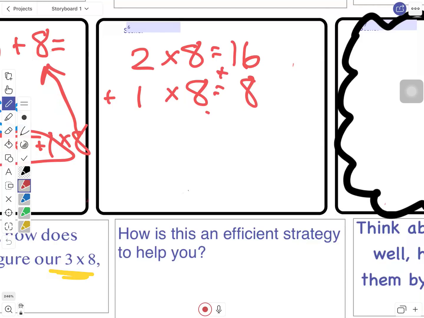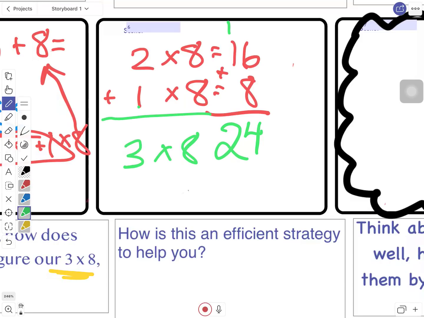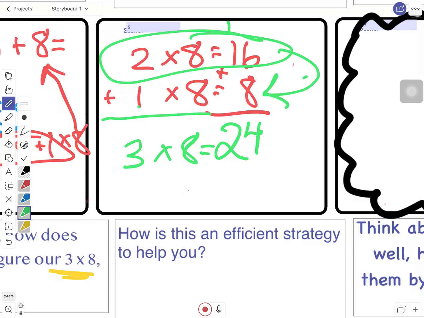So if I add 16 plus 8, I'll get 24. And that is 3 groups of 8. So it's more efficient because I'm using what I know and I'm only having to add on a group. This makes it easier plus less work. That's why it's more efficient.